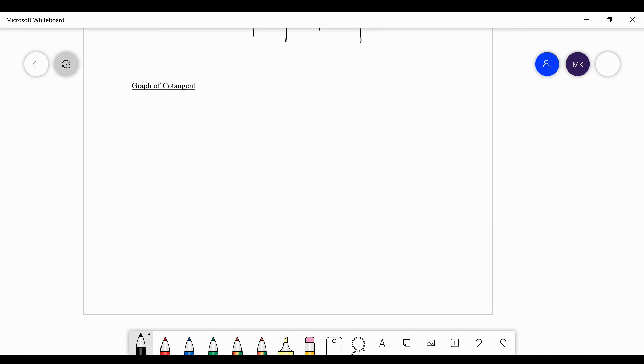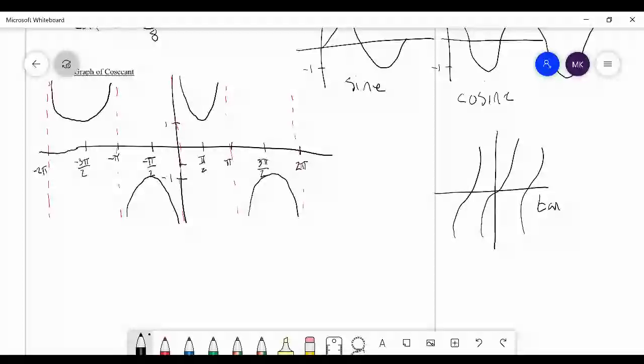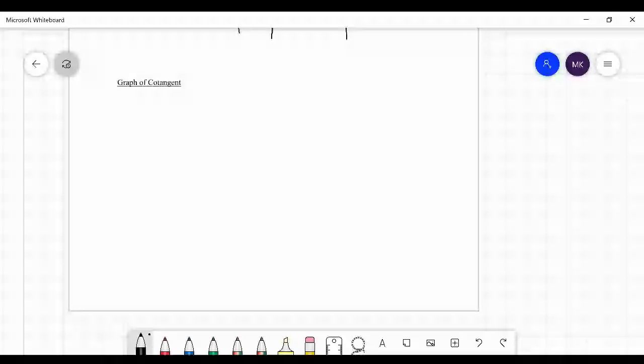And so now I want to go back and look at tangent. So notice tangent starts down and to the left, and it kind of comes up and to the right, right? So it's down to the left, comes up to the right. Okay. Cotangent is the opposite.